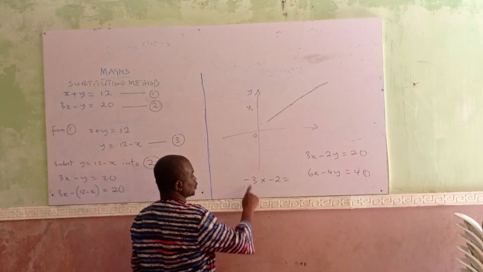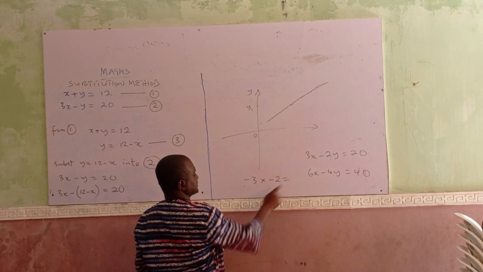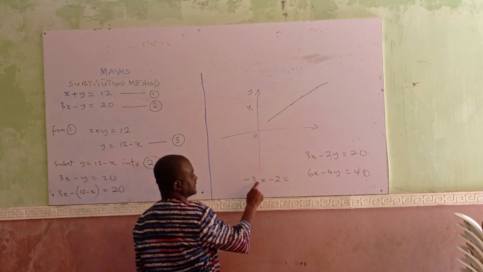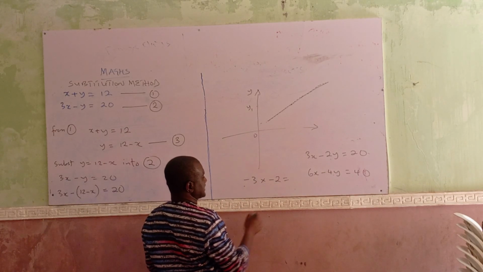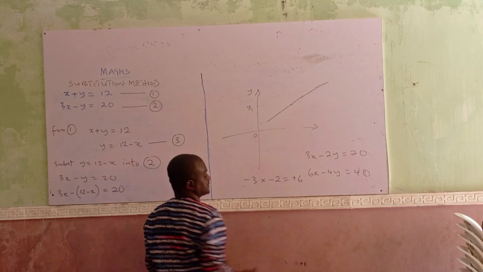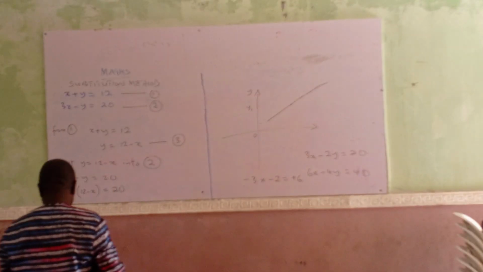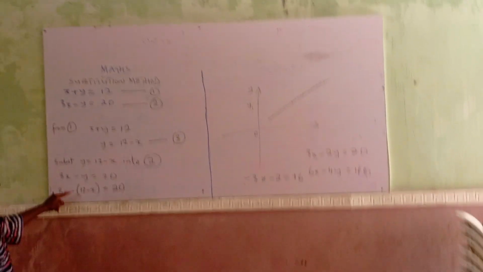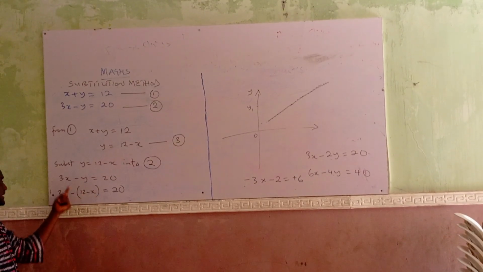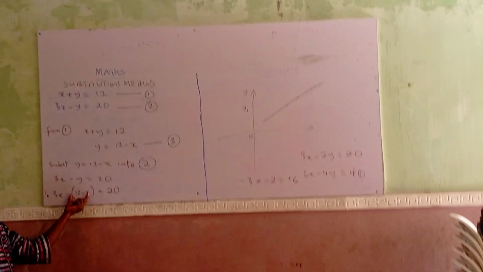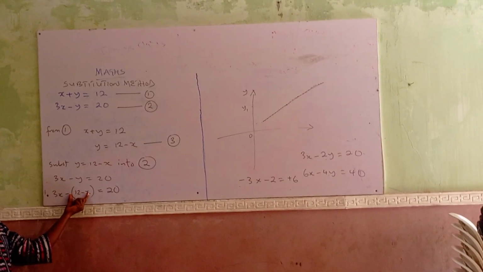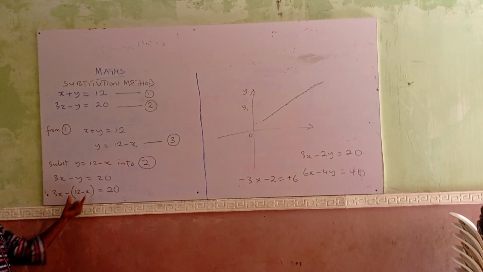So 3 times 2 gives me 6. In other words, minus 3 times minus 2 is plus 6. The same thing is happening here. We put this in a bracket so that this negative will multiply this term.